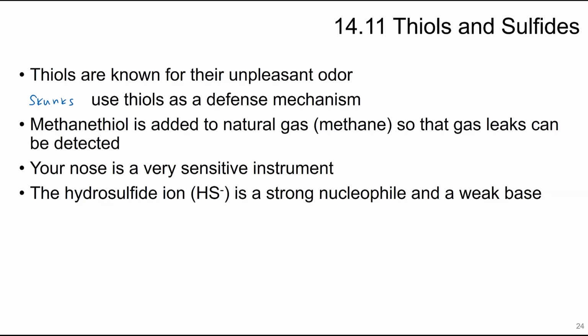The hydrosulfide ion, or SH-, is a strong nucleophile and weak base. So we saw this as a nucleophile when we used NaSH in the SN2 reactions. So this one promotes SN2 reactions over elimination reactions because it is a strong nucleophile.